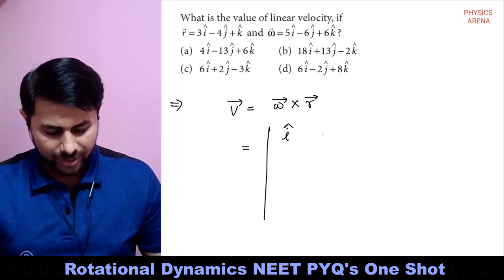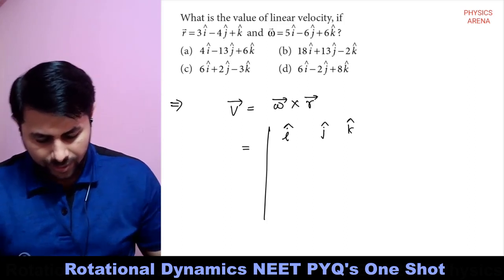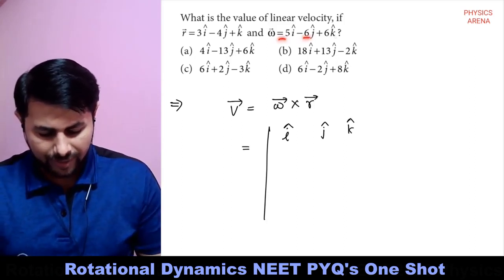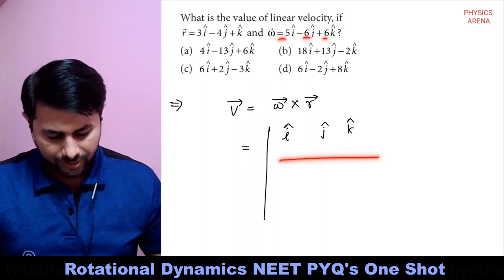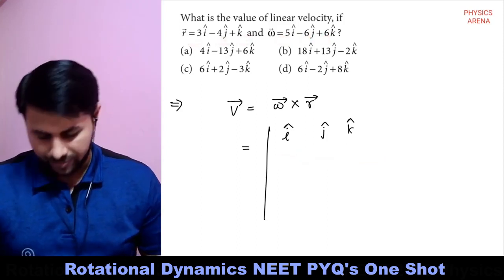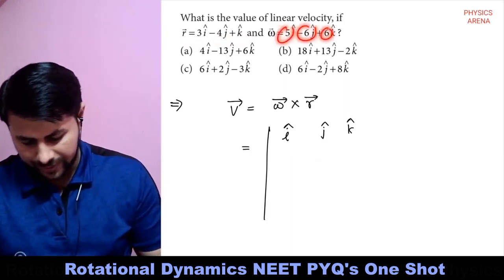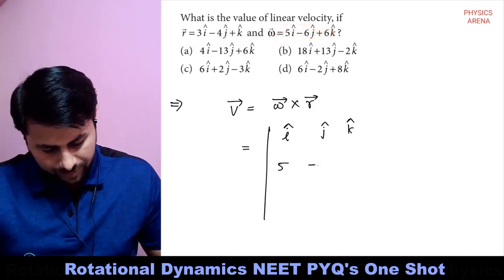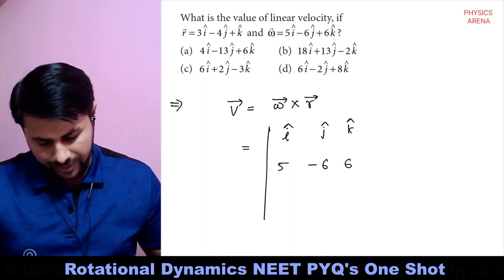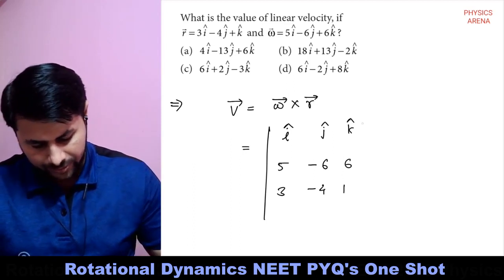So it is the determinant of i, j, k. So omega x, omega y, omega z in the second row, and rx, ry, rz in the third row, right? So it is 5, minus 6, 6 in the second row, and 3, minus 4, 1 in the third row.